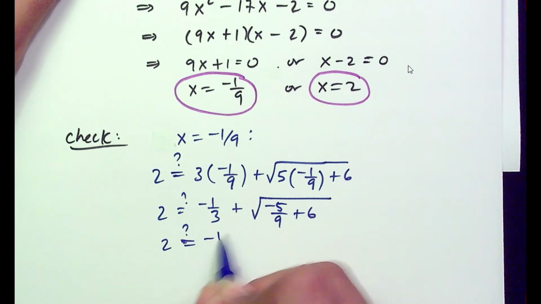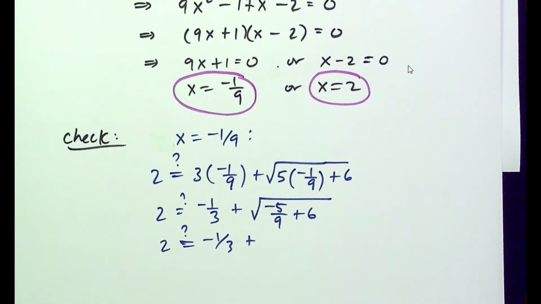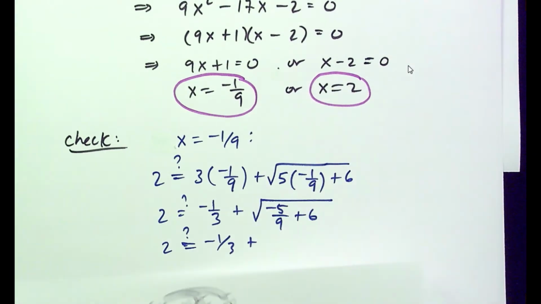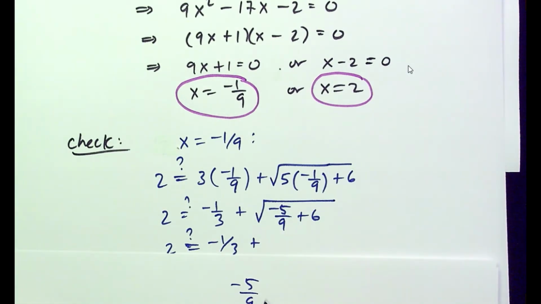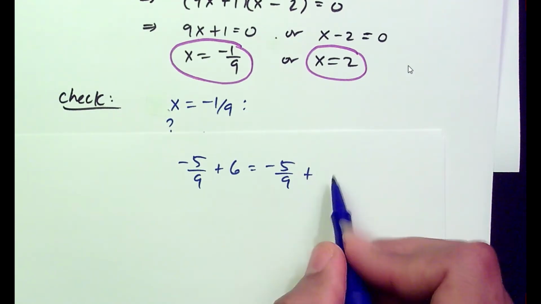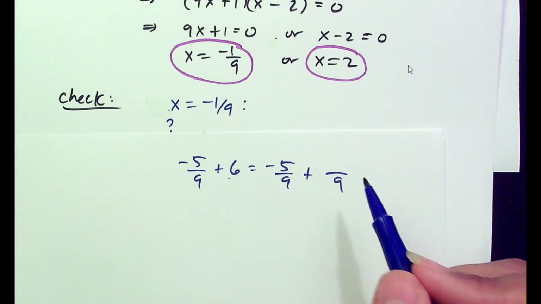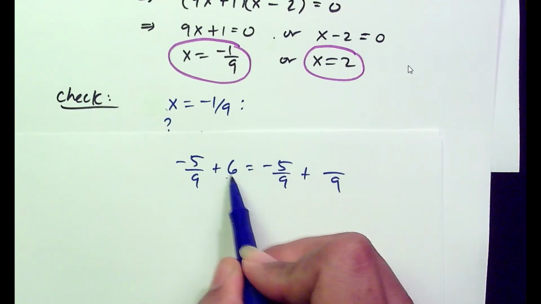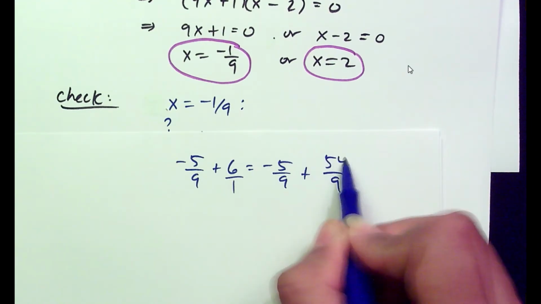And then, what is negative 5/9 plus 6? Let's do that on another piece of paper. You can use your calculator, but I'm going to do it by hand. So common denominator is 9, so we have to convert this to 9ths. So multiply top and bottom by 9. 9 times 6 is 54.